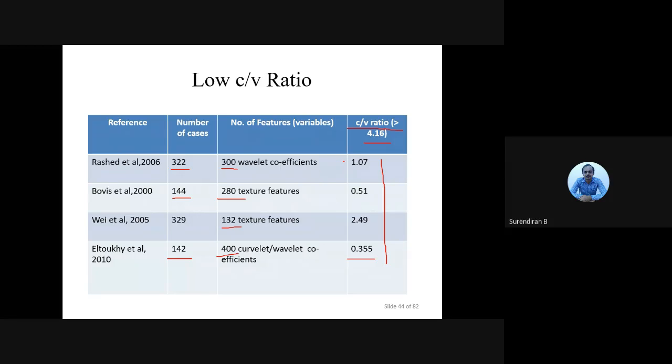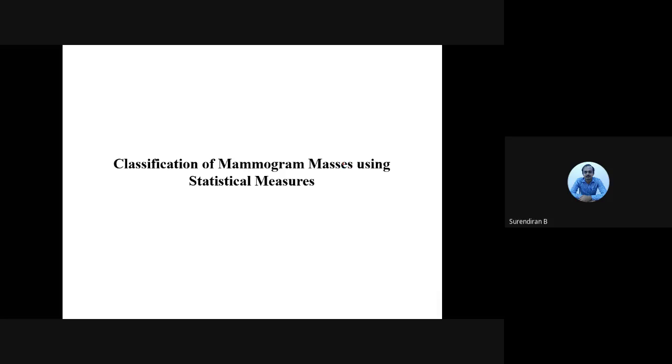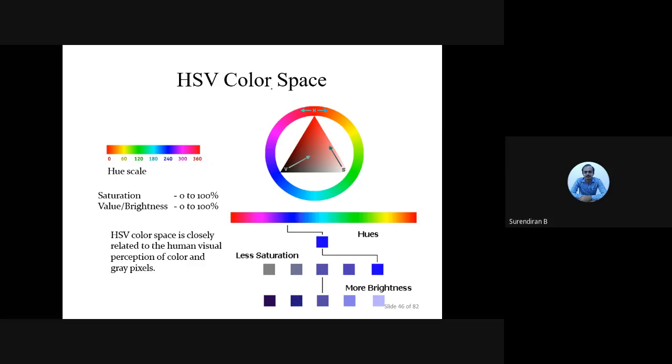We started with some statistical features, then we moved into geometric features. The first one we started with was statistical measures. For this we use the HSV color space. In HSV we have hue, that is the color, saturation, and the brightness, that is the value. The HSV color space is a better one because this is how humans visualize objects.